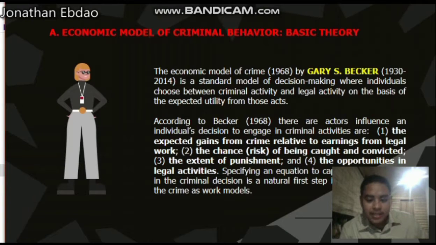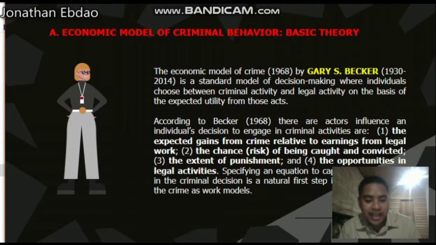The next is the economic model of criminal behavior, basic theory. The economic model of crime by Gary S. Becker is a standard model of decision making where individuals choose between criminal activity and legal activity on the basis of expected utility from those acts.